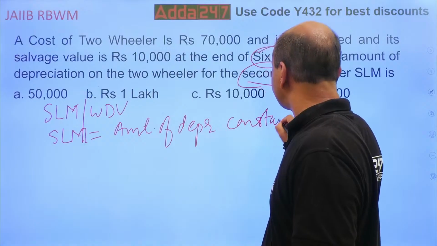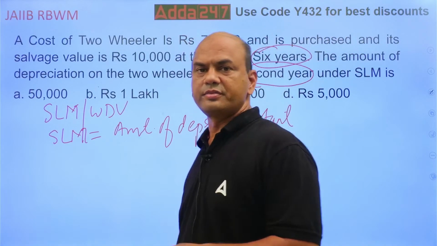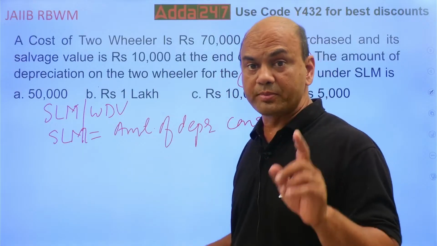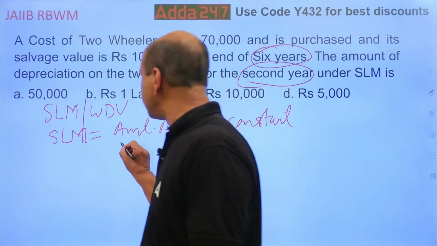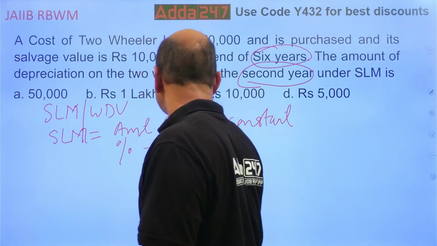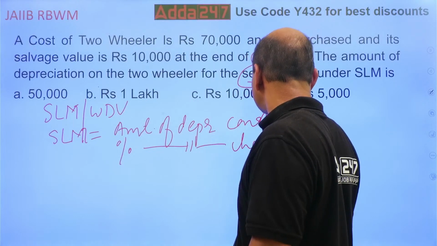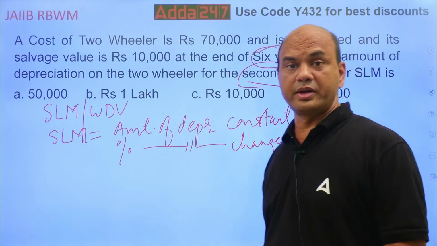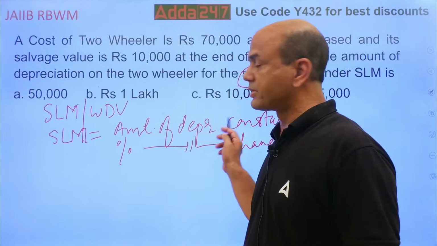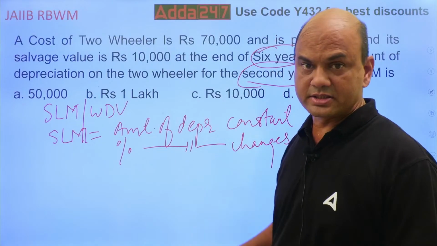Means what is there for the first year will be the same for second, third, fourth, fifth, sixth. All the years the amount of depreciation will be constant. Percentage of depreciation changes. Very important point. Again, amount of depreciation is constant. Percentage of depreciation changes.